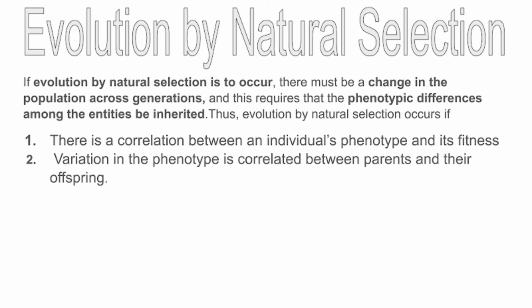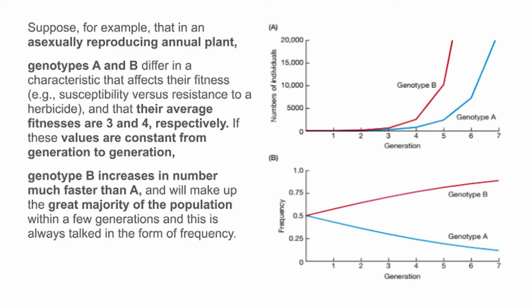Now let us understand how natural selection takes place in nature through an example. In an asexually reproducing annual plant, that is, a plant that lives for 1 year, there are two types of genotypes, genotype A and genotype B, which differ in a characteristic that affects their fitness.